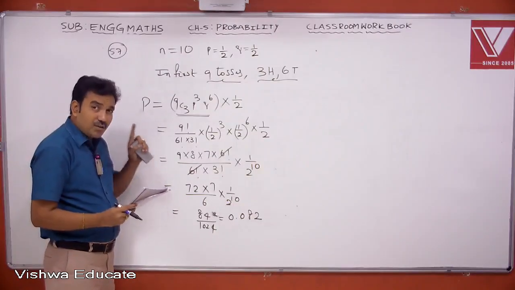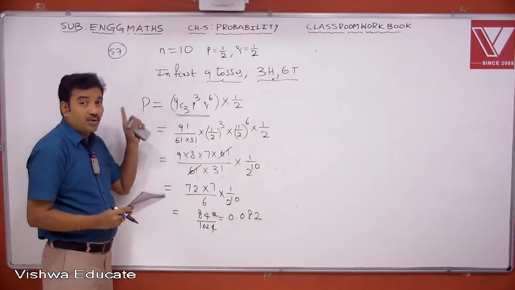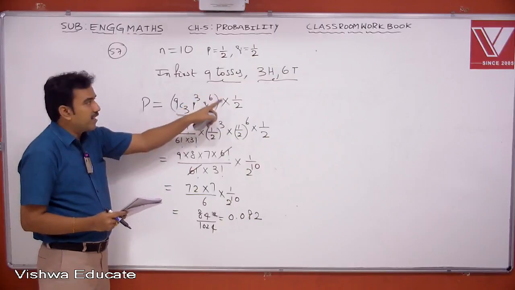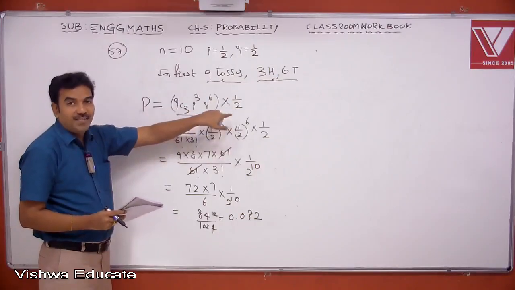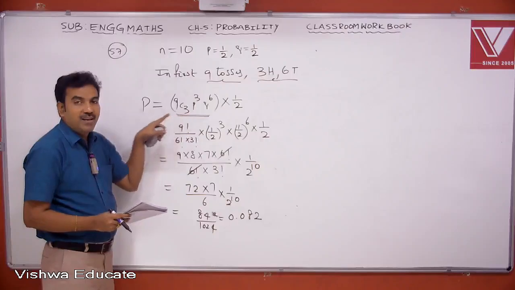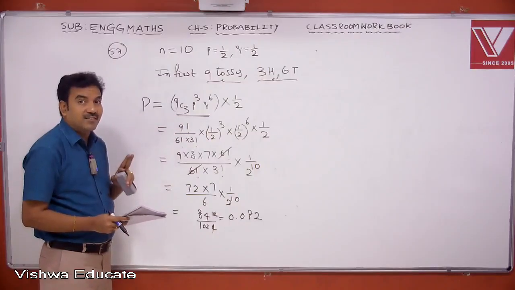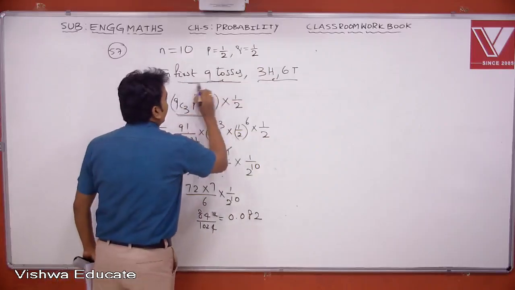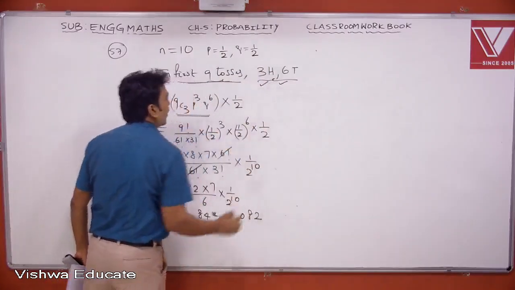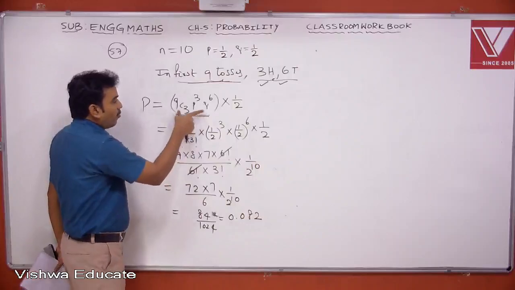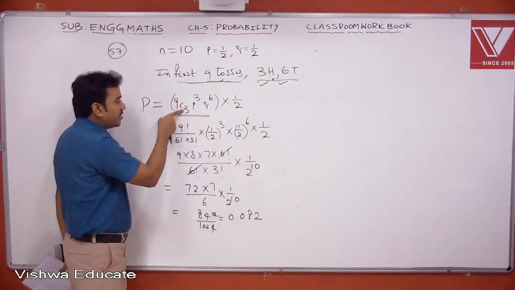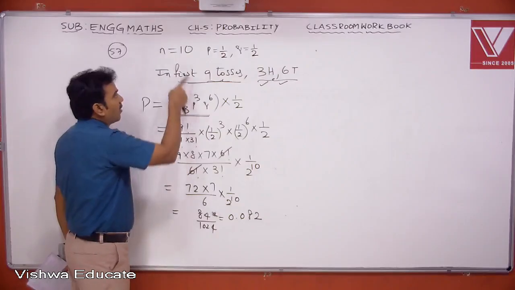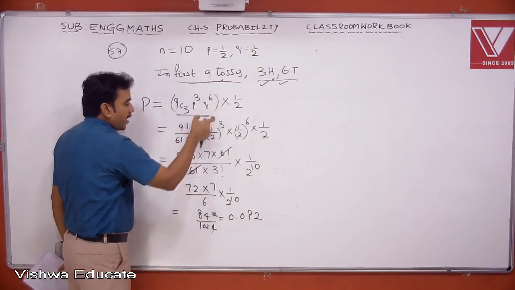So this is a very interesting question, because they did not mention very clearly how many times the coin is tossed. But they were expecting the probability of getting the fourth head in the 10th toss. That means the coin is tossed 10 times. In the first 9 tosses, you must get exactly 3 heads and the rest of the outcomes are tails. So the required probability by binomial distribution is 9C3 into p cube into q power 6, where p is the probability of getting head, 1 by 2, and q is the probability of getting tail, 1 by 2.